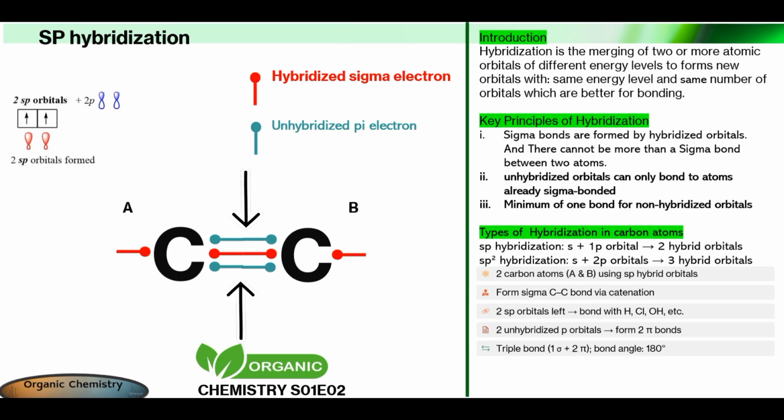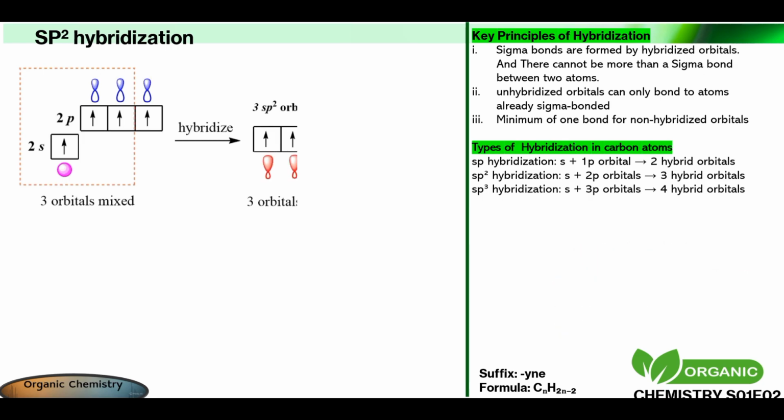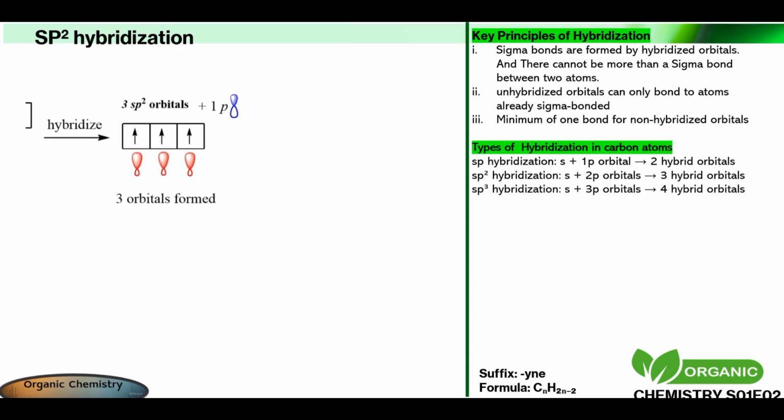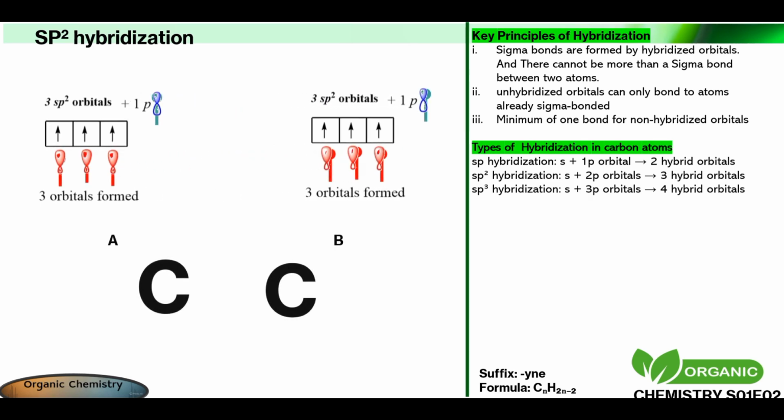We can also do the same thing in sp2 hybridization, where we have one s orbital bonding with two different p orbitals. For instance, we can say px and py, as you can see on the screen. What happened here is that we can assume that we have formed sp2 hybrid orbitals. Look at this, we have three orbitals in this, and each of the orbitals has an unpaired electron.